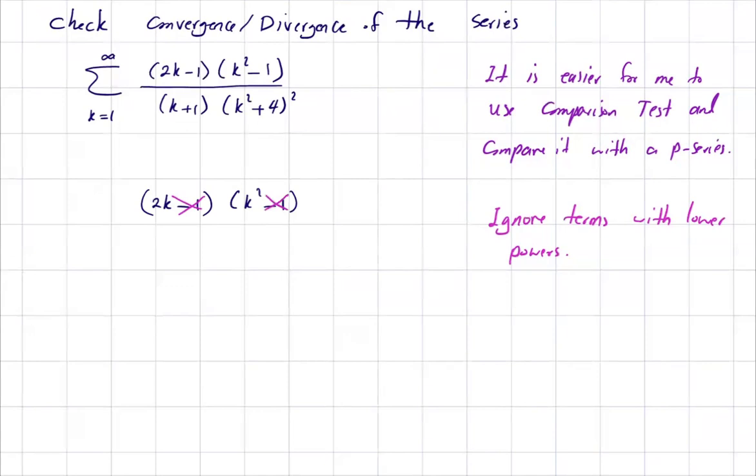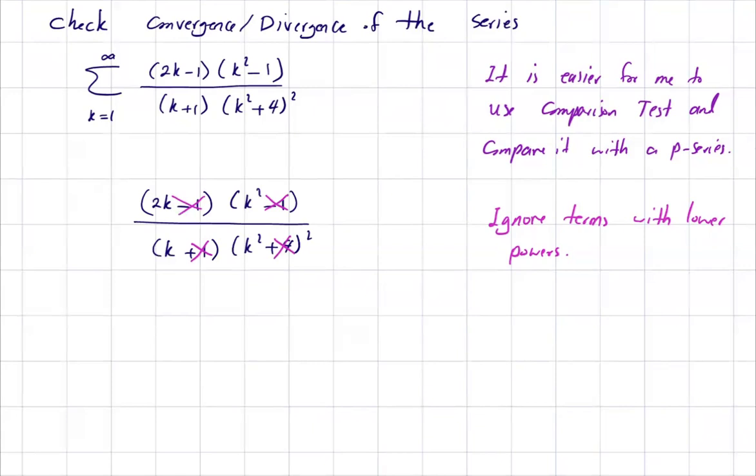So ignore negative 1. On the denominator, you get k plus 1. Between k and 1, you can basically ignore 1. Why is that? Because k goes to infinity much faster than 1. Between k squared plus 4, indeed you can ignore 4 because k squared goes to infinity much faster than 4.